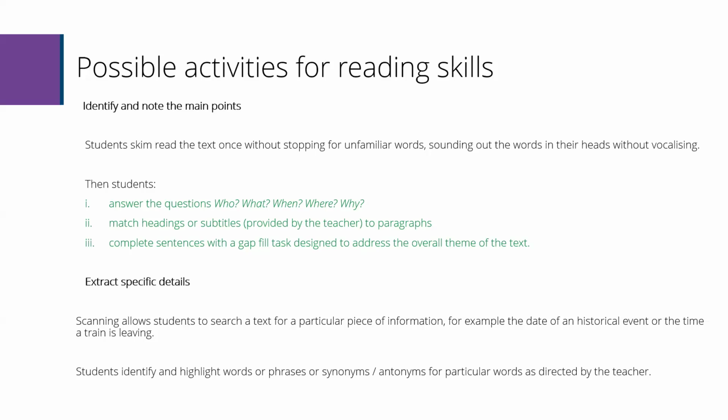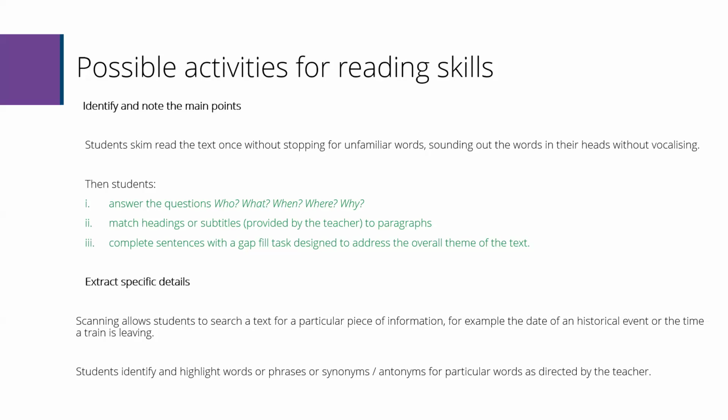And then maybe we also pick up on another skill, things like extracting specific details. So again, scanning allows students to search a text for a particular piece of information. For example, the date of an historical event or the time a train is leaving.